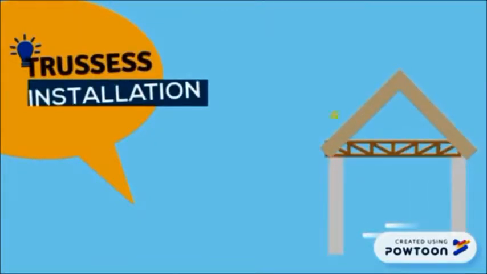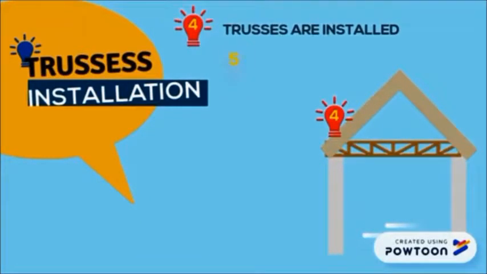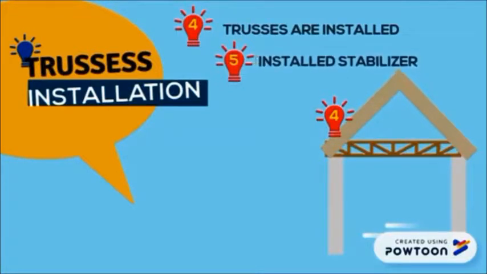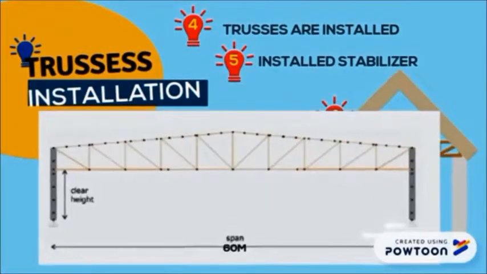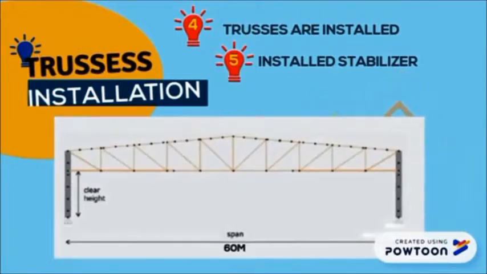Right after that, trusses are installed one by one, and lastly, install the stabilizer. For this project, the span is 60 meters with a 5 degree pitch and 7 meters for the column. Lastly, the spacing is 8 millimeters.